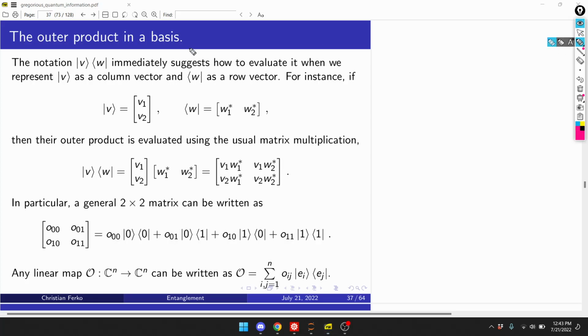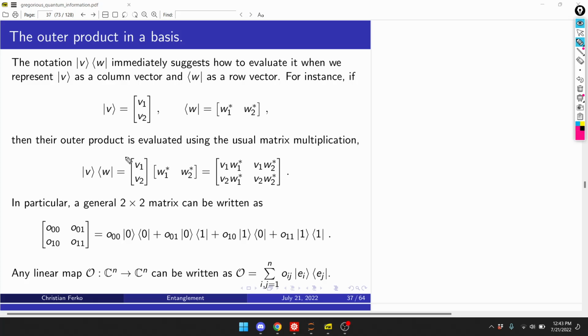The way that I've written this as ket v bra w immediately suggests how you do this in a basis. So let's return to our previous convention, where ket v is a column vector and bra w is a row vector with conjugated entries. Now I just write them next to each other and follow my instinct. I have a column vector followed by a row vector, and now I follow the rules of matrix multiplication that I learned in kindergarten.